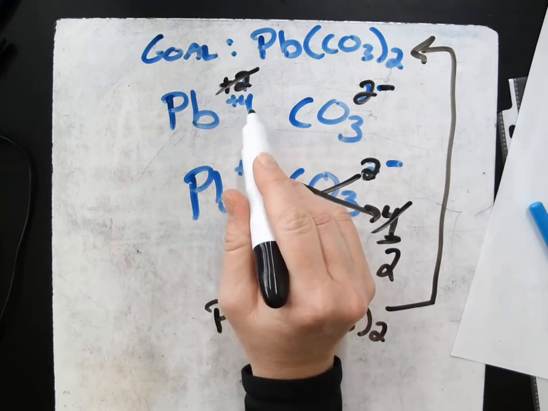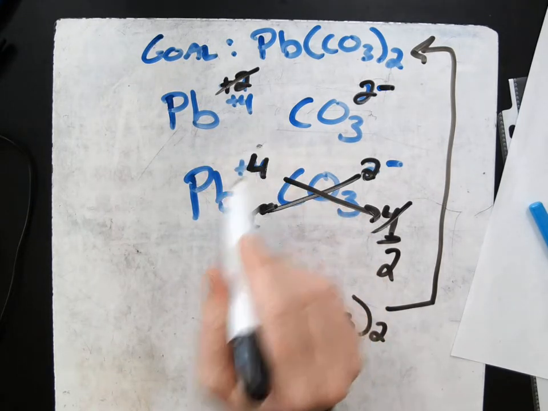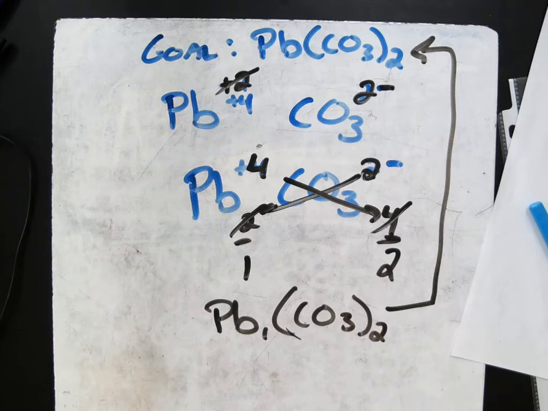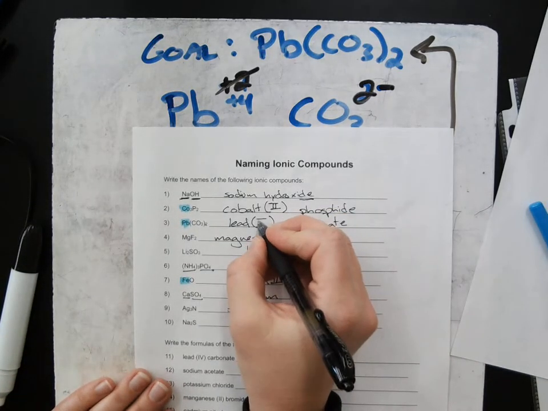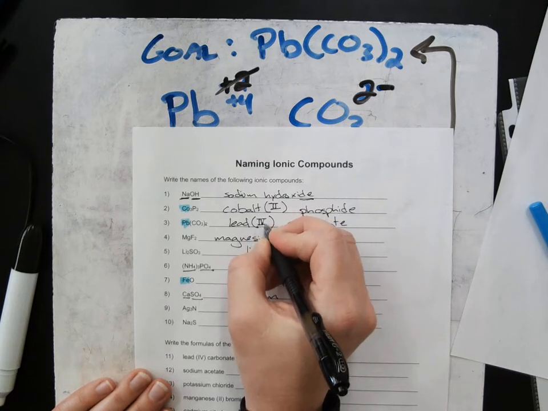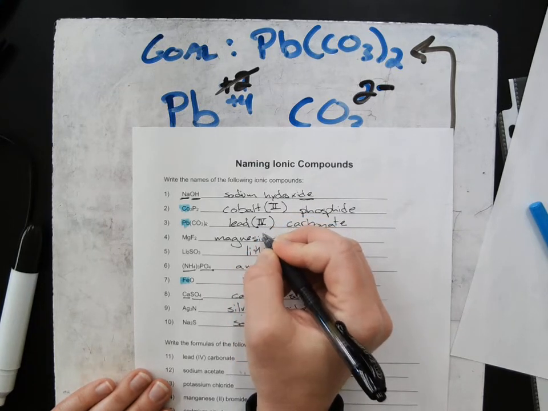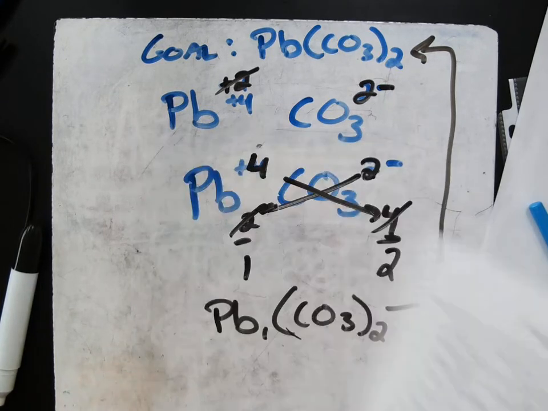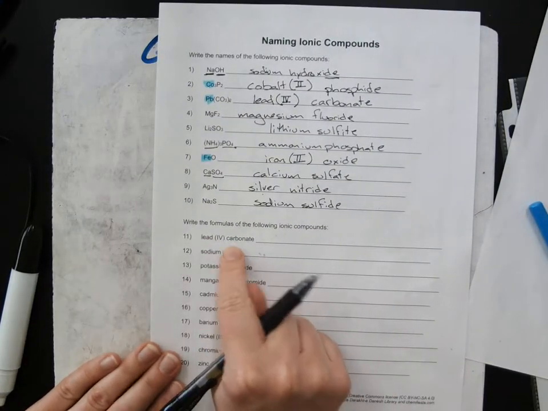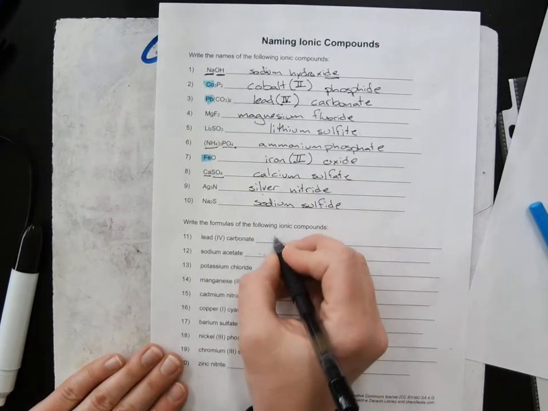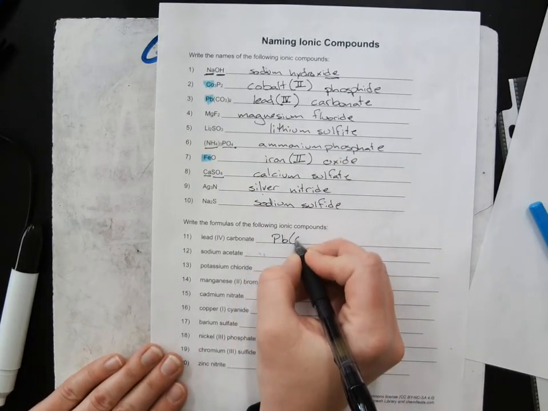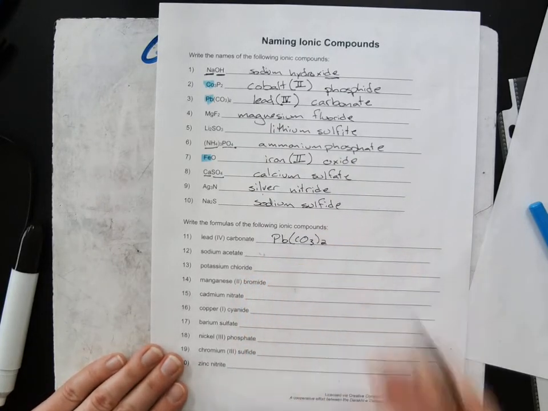Boom, +4. +4 is what worked. So the Roman numeral on the lead is IV, 1 less than 5. Now, look at this, lead(IV) carbonate. We already did it: Pb(CO3)2.